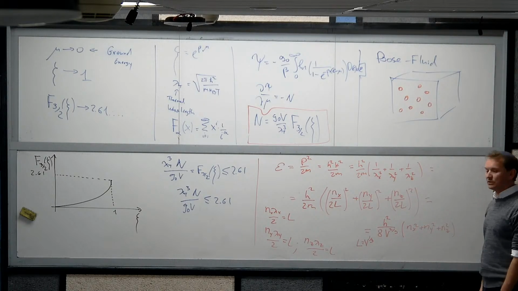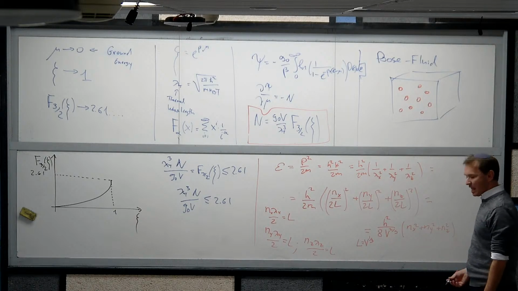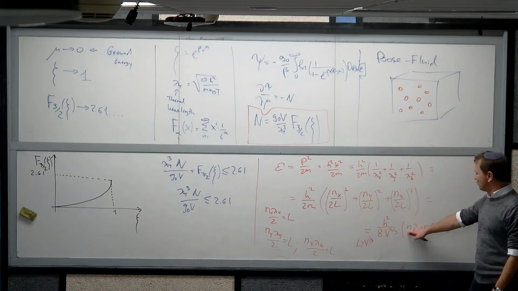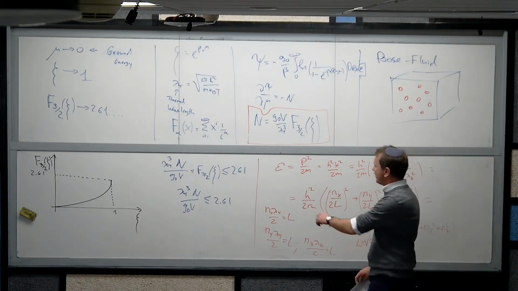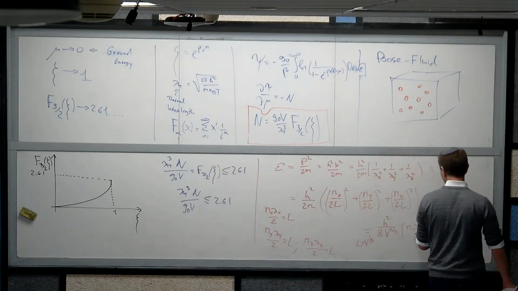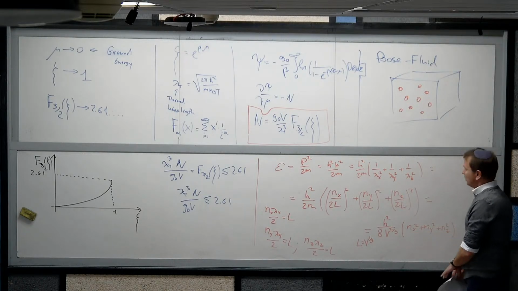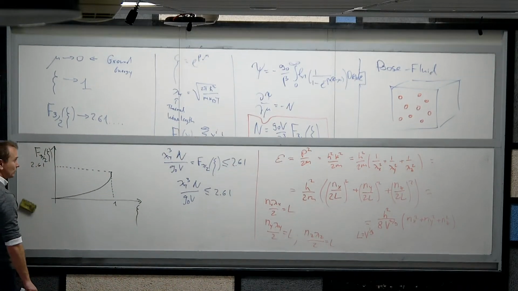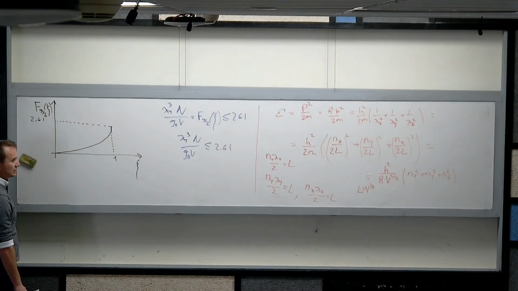All the different nx, ny, and nz can have the numbers 1, 2, 3, 4. And the ground state is when all of those are exactly 1. So instead of saying that we have a continuous epsilon, our energy depends on the three quantum numbers, x, and then y, and then z. Okay. And this means that the spectrum, as we knew from the start, is not really continuous, right? It's discrete.